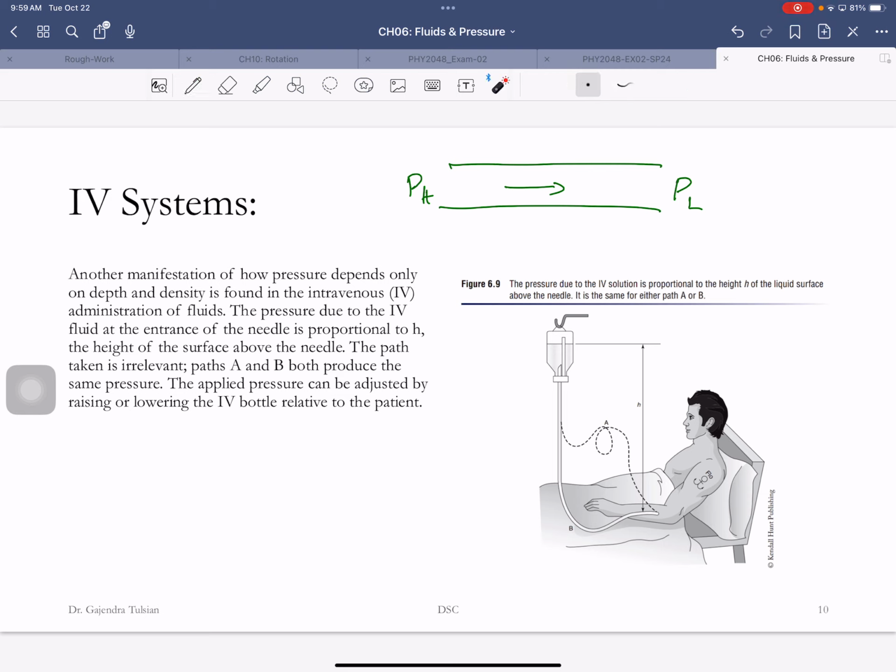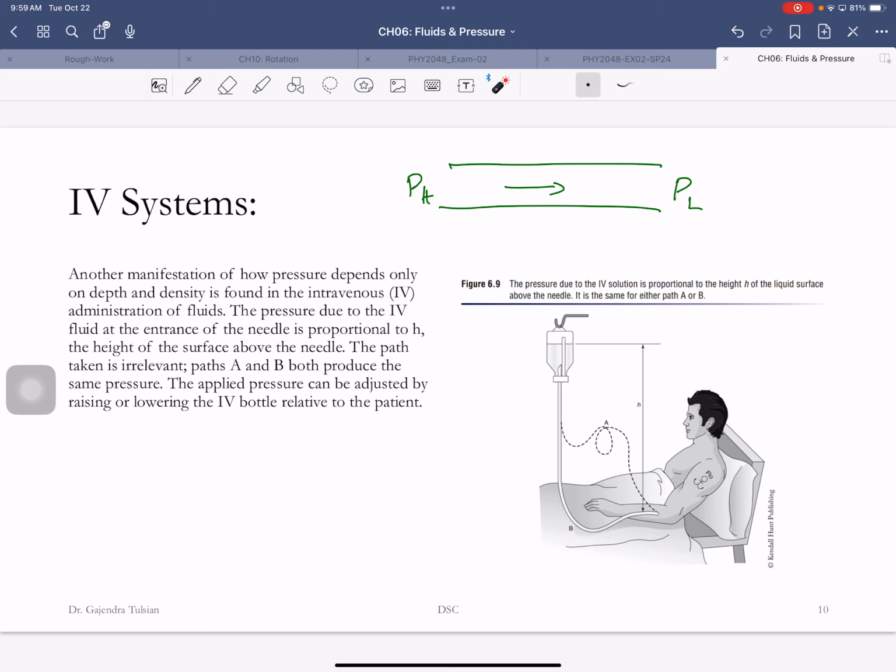So in this IV system, what are you trying to do? You're trying to push this liquid into your body. What is the highest pressure that exists in your veins? That's 120 millimeters of mercury.